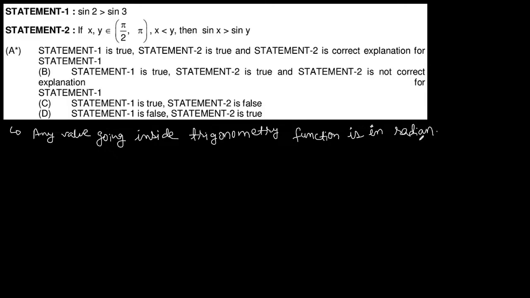So any value going inside trigonometry function is in radian.